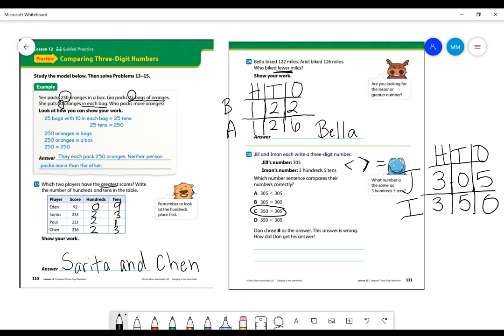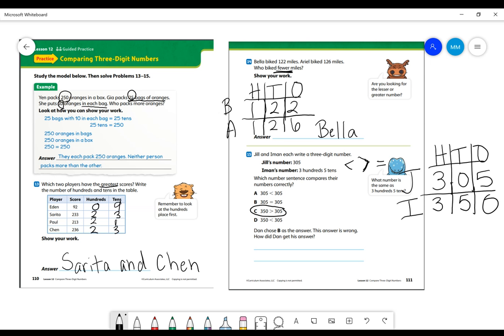We know that Iman had 350, and we also know that 350 is greater than 305. And D says that 350 is less than 305. Why would that be incorrect? It's incorrect because Allie's mouth always wants to open to the bigger number. 305 is less than 350.